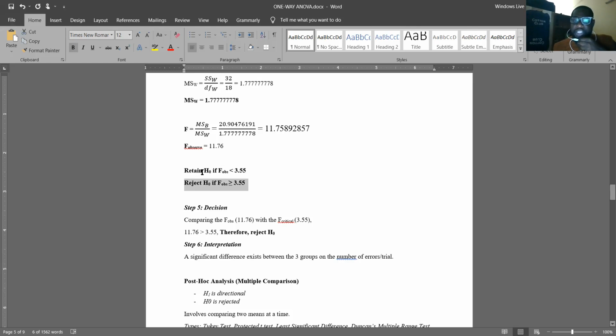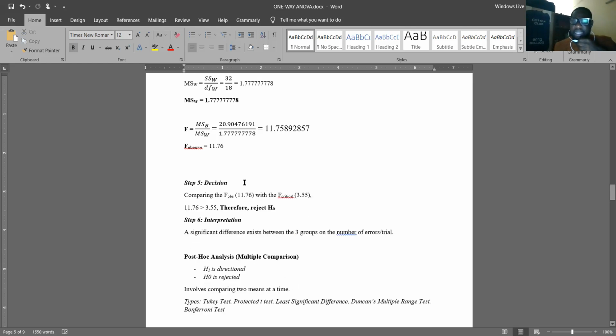So when you are able to deduce this, this is how you put it in writing under step 5. You tell your reader that you compared the F observed with F critical, and you found out that the F observed, which is 11.76, is greater than 3.55. Therefore, you have to reject HO.